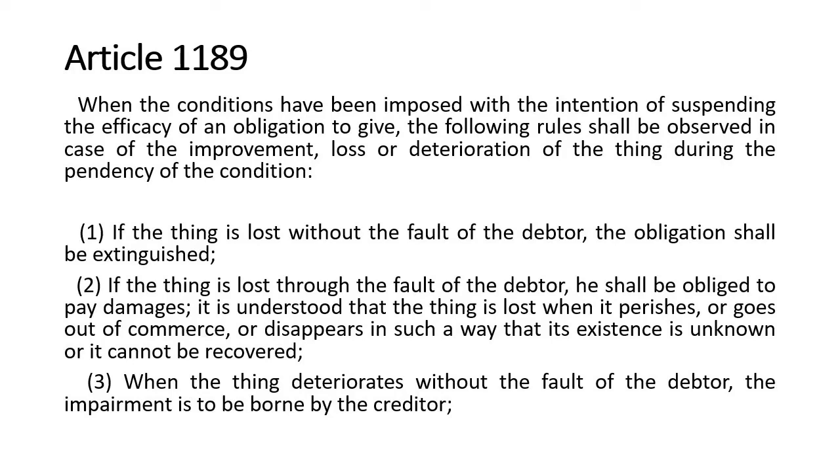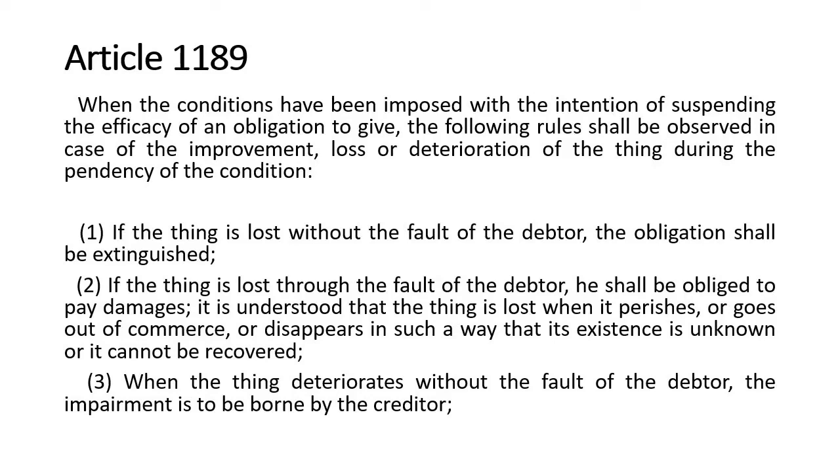If the thing is lost without the fault of the debtor, the obligation shall be extinguished. 2. If the thing is lost through the fault of the debtor, he shall be obliged to pay damages. It is understood that the thing is lost when it perishes, or it goes out of commerce, or disappears in such a way that its existence is unknown, or it cannot be recovered.